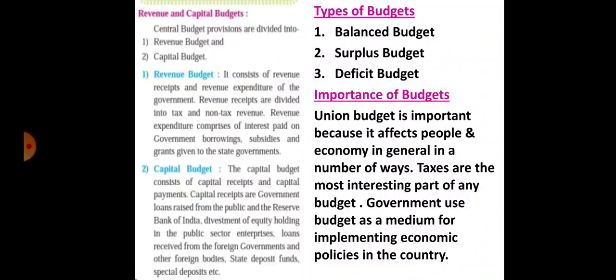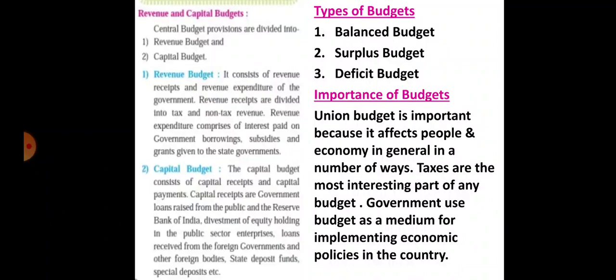So let's discuss the last point, the deficit budgetary policy. Throughout, the Indian government represents the deficit budgetary policy. So what is the meaning of the deficit budgetary policy? When anticipated government receipts are less than the estimated government expenditure, that is called the deficit budget.